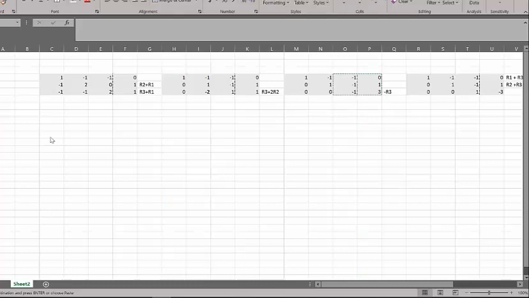Alright, so we're just going to reuse the same spreadsheet, and so we type in our augmented matrix: 1, 1, 1, and 0. Next row, 1, 0, negative 1, and 1.